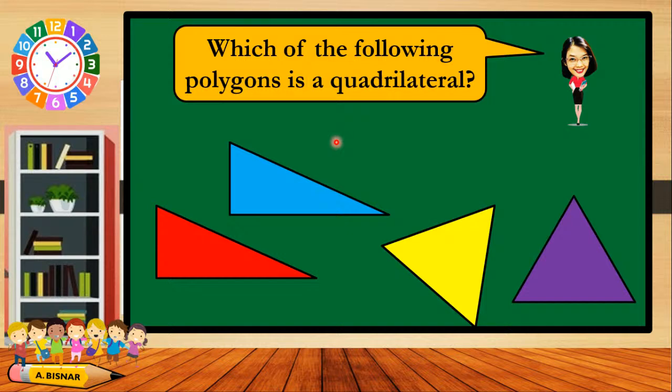Which of the following polygons is a quadrilateral? Type your answers. Is there a quadrilateral? Yes or no? If none, why?